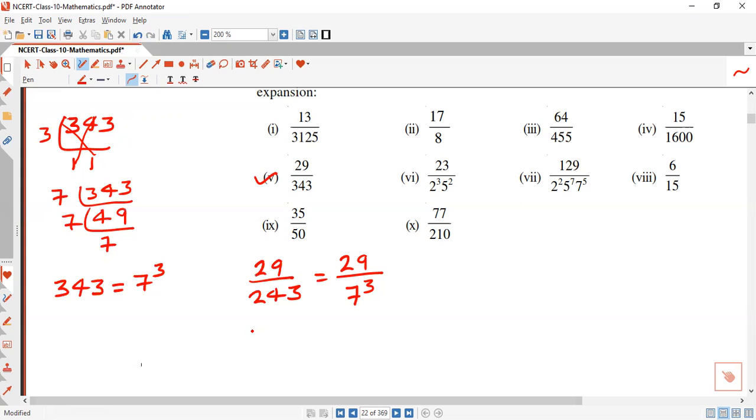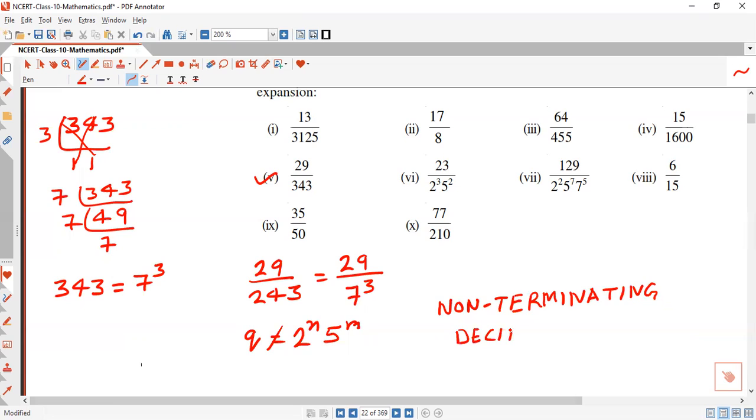And the denominator is not in the form of 2 raised to n, 5 raised to m, where n and m are non-negative integers. So we say the number has a non-terminating decimal expansion.